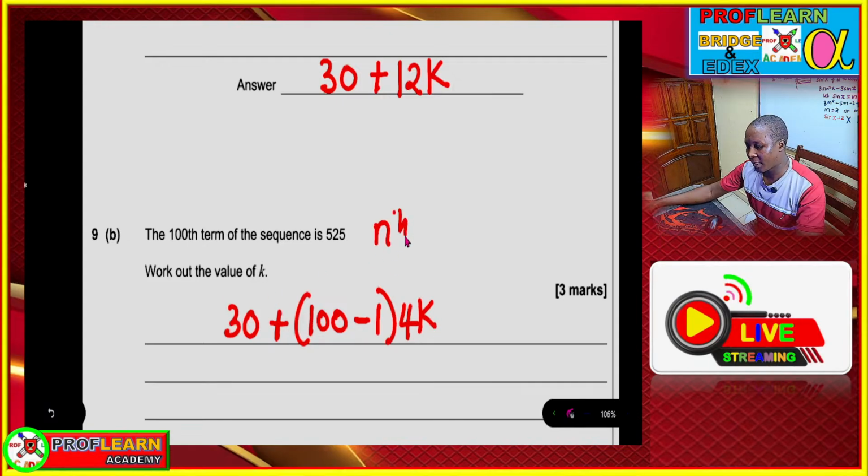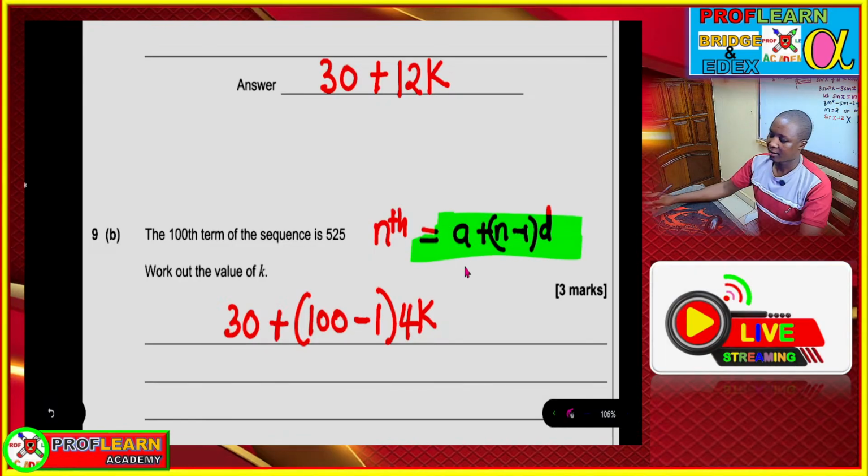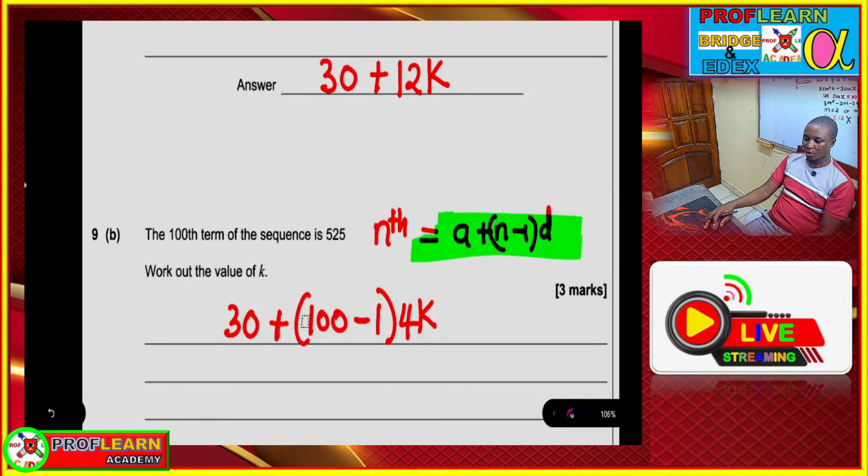The nth term of an arithmetic sequence is usually a plus n minus 1 into d. So our n is 100 and our common difference is 4k.